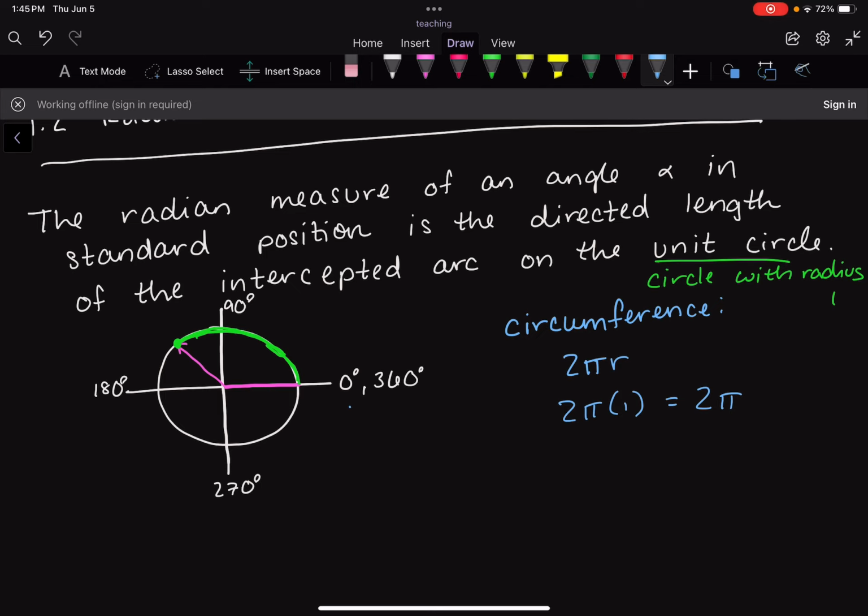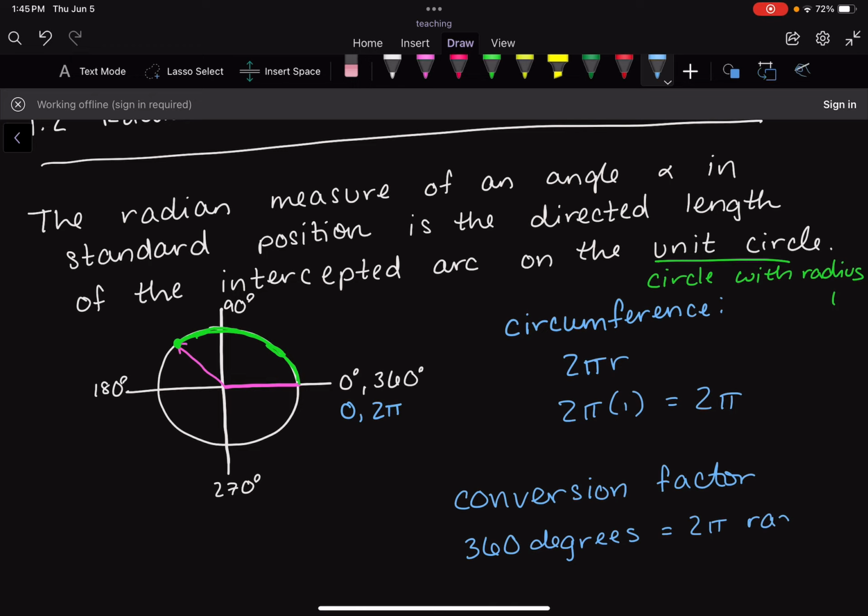This tells us that if we start here at 0, so we have no length, and we wrap all the way around, we'll end up at 2 pi. This actually leaves us with a conversion factor. That basically says that 360 degrees is equal to 2 pi radians.